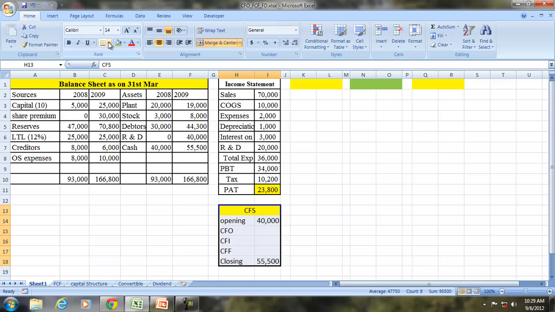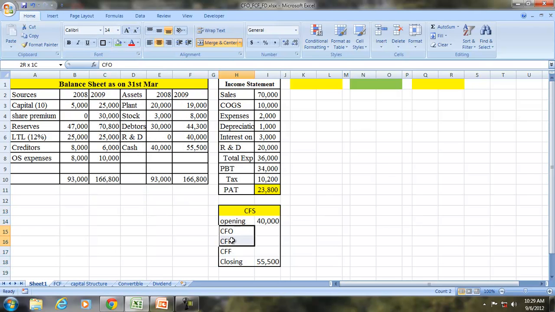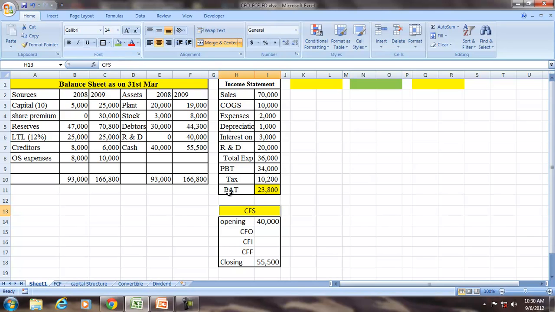So in this case, we have to find the cash from financing, cash from investment and cash from operation to complete this cash flow statement. Let us pick up one by one.